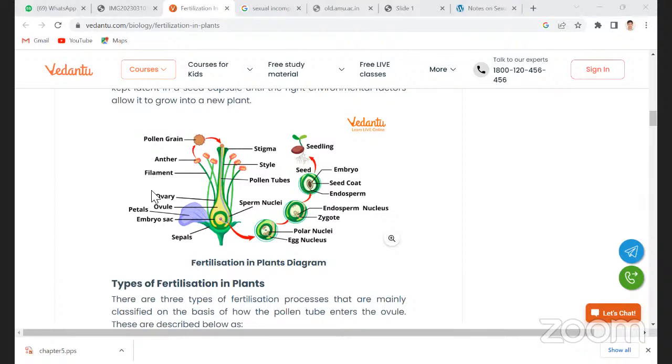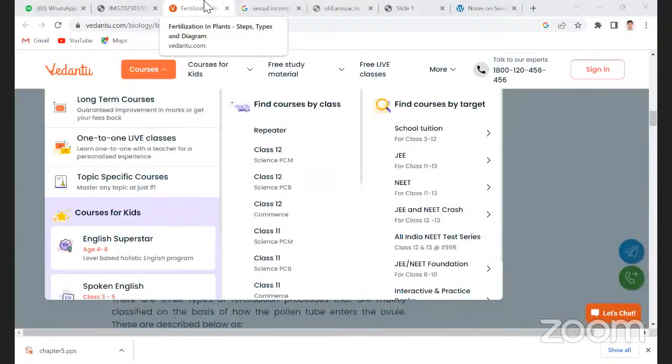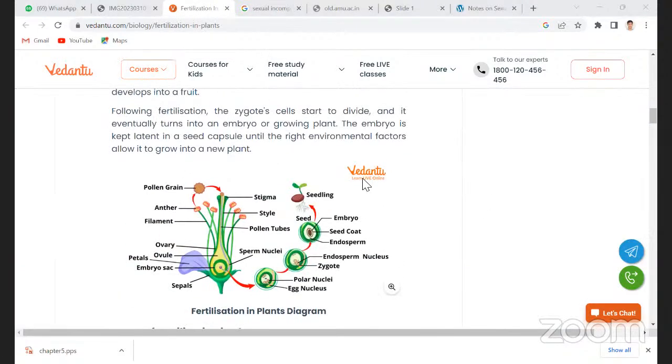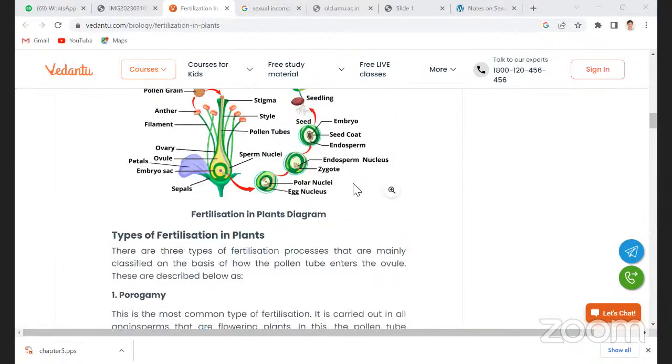syllabus. So how many classes remaining? 27th is the last class.